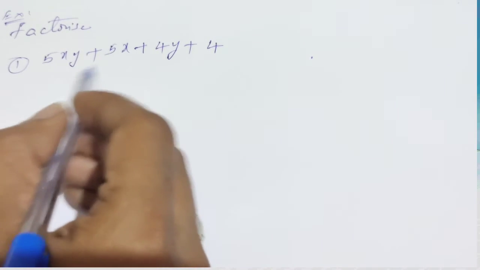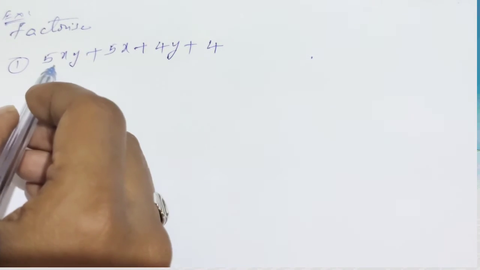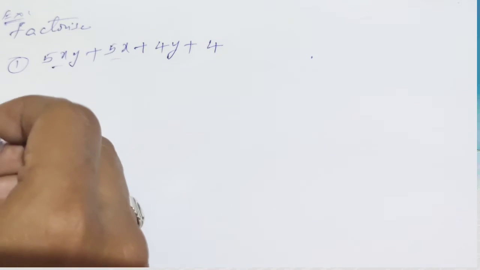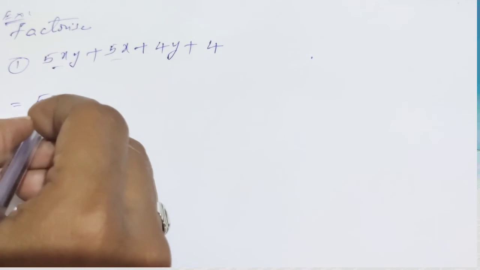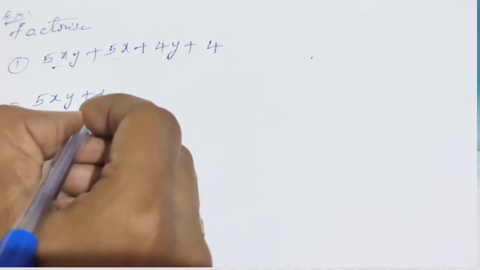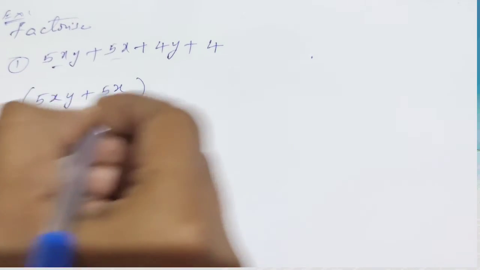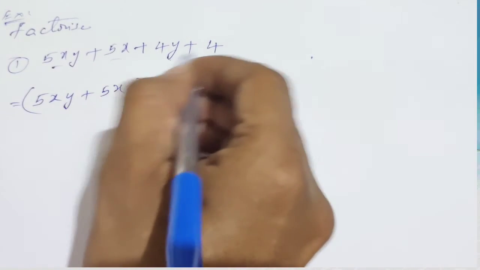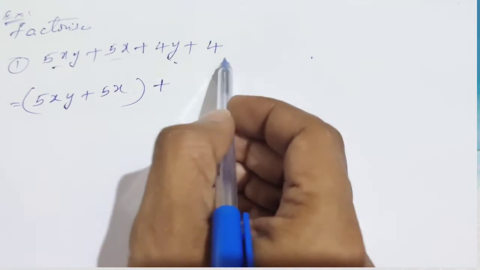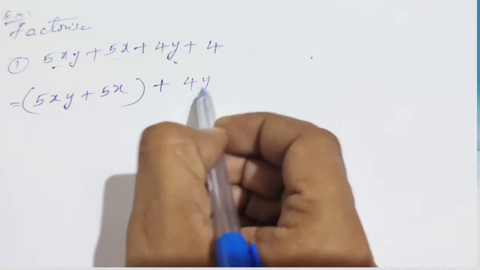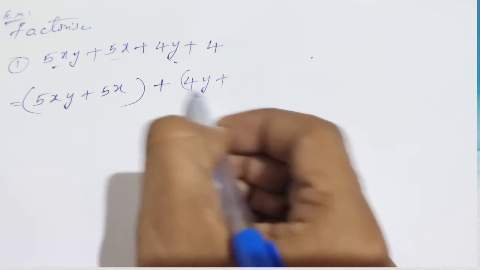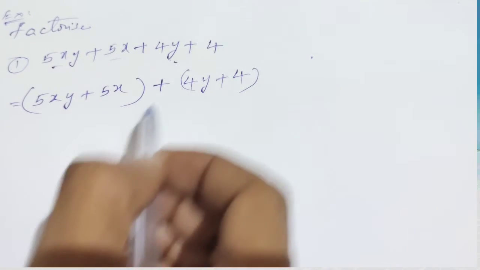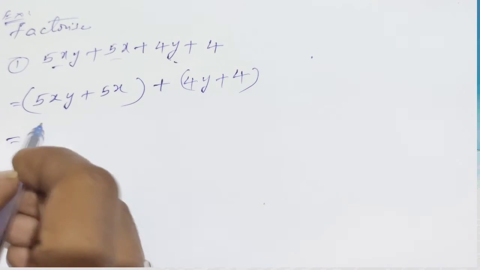Now again by observing the first two terms, we have 5x as a common factor, so grouping the two terms, 5xy plus 5x, plus the next two terms, we are observing 4 as a common factor, so grouping them as a second group, 4y plus 4.